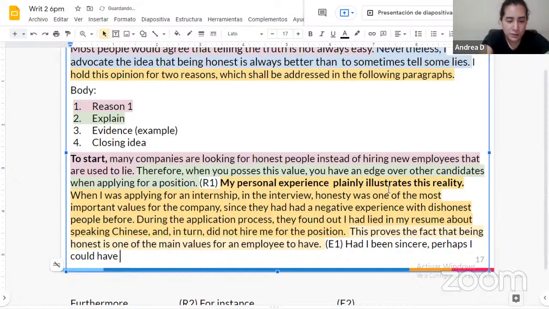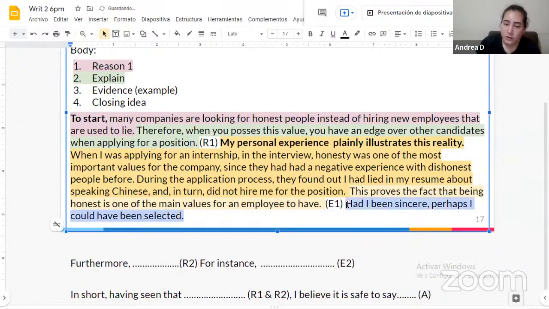Or let's just say I could have been selected. Okay, so you can also have something like this. Had I been honest, then maybe I would have gotten the job. So it's a third conditional, it shows good grammar, and it's still doing the same purpose of connecting the idea that it's important to be honest in order to apply for jobs.